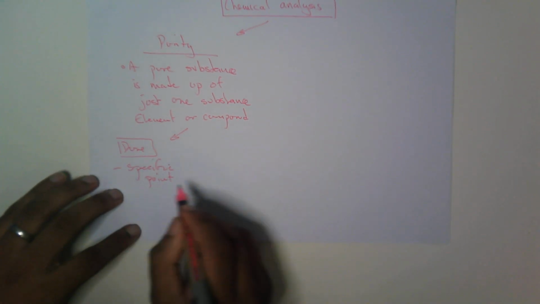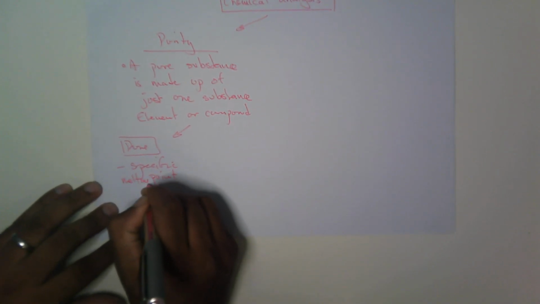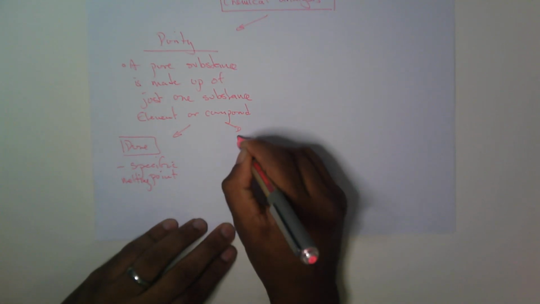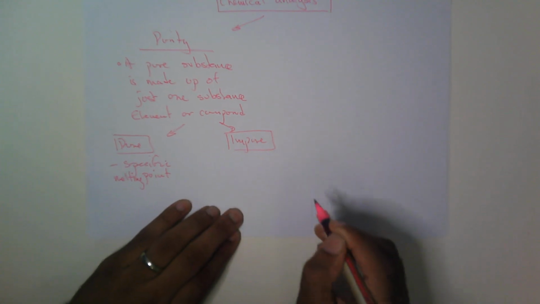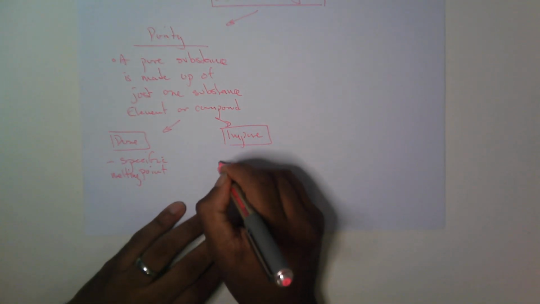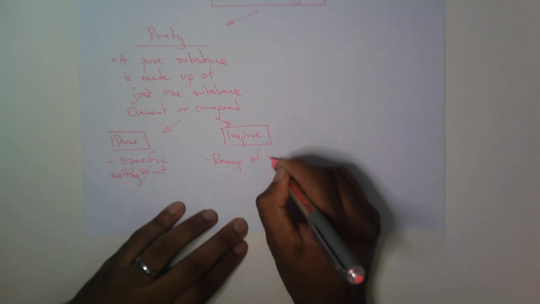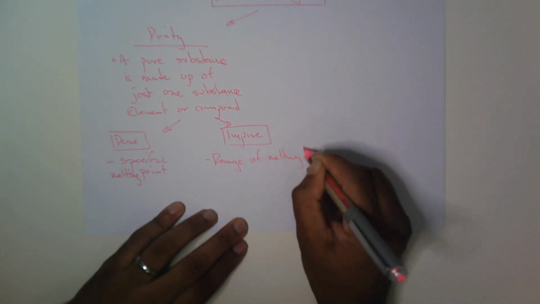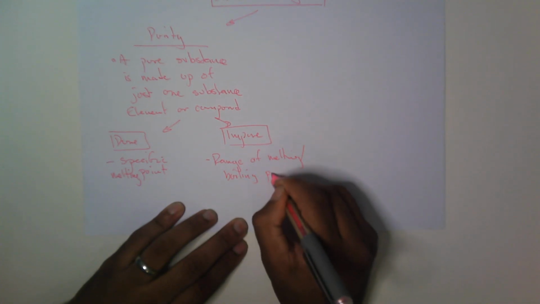So it doesn't really matter what we're talking about, so specific. And we know that impure substances will contain a range of melting or boiling point. So it will be quite a big range. Okay, so it's a range of melting and boiling point.